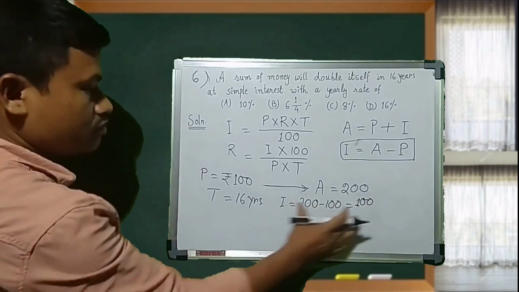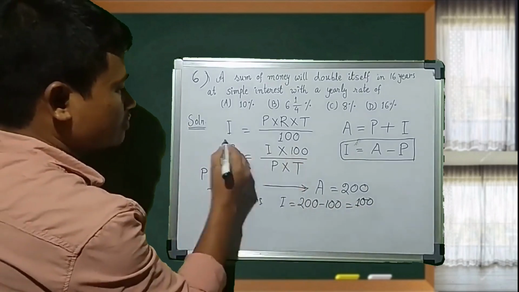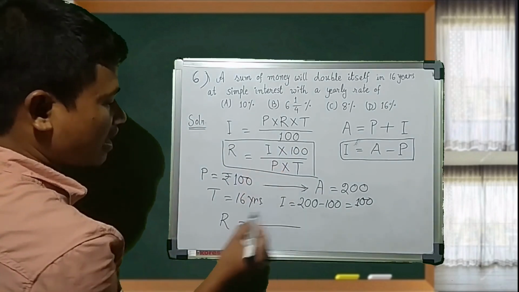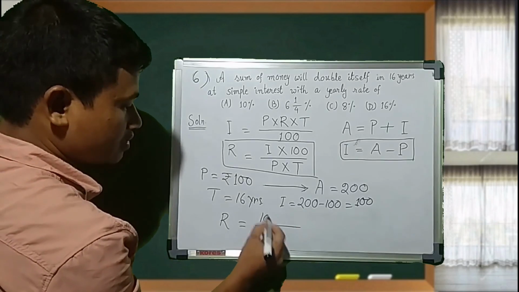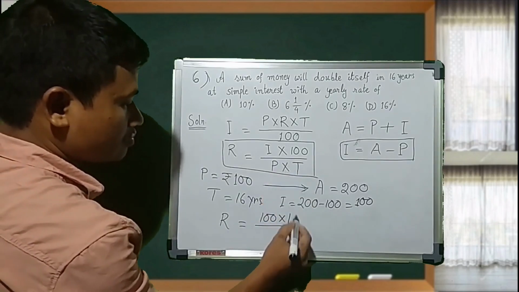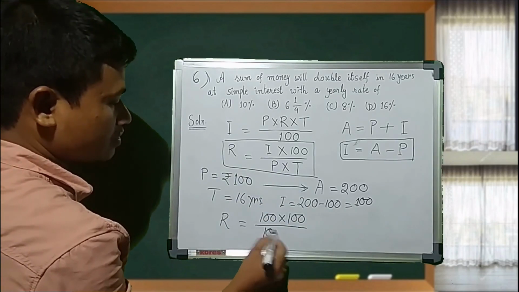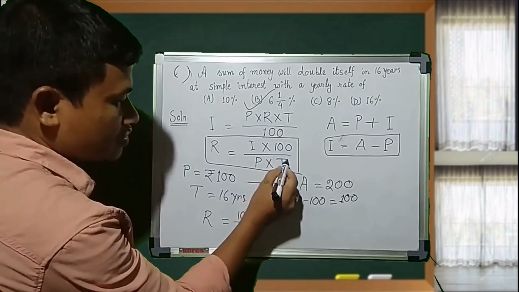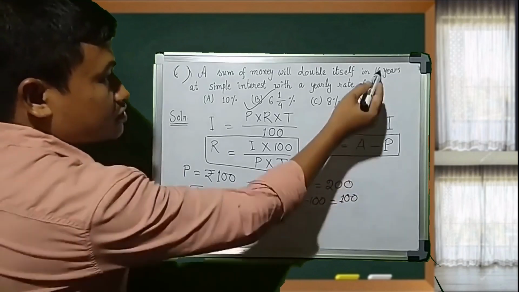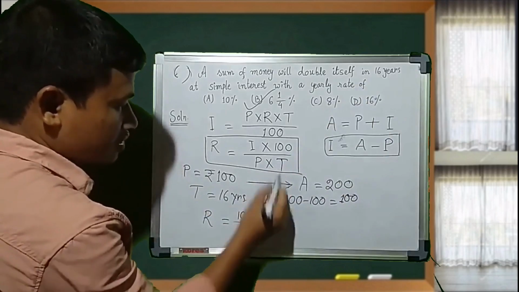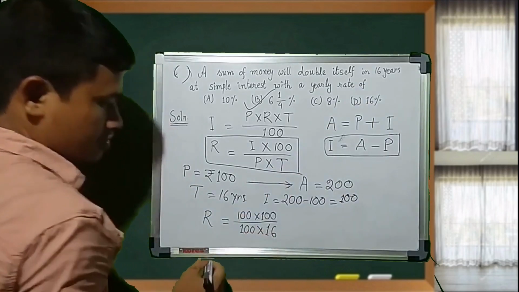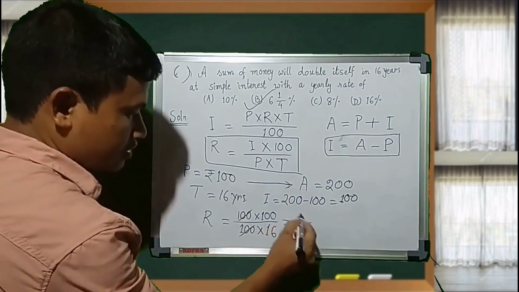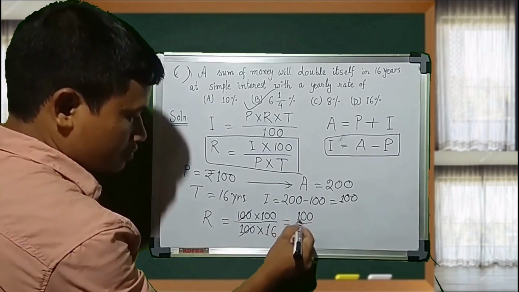And if we put all these quantities in this formula, what is R? R is equal to 100 into 100, principal is 100, and time is 16 years. So in place of T we will write 16. Then 100 and 100 will get cancelled. 100 by 16 remains.